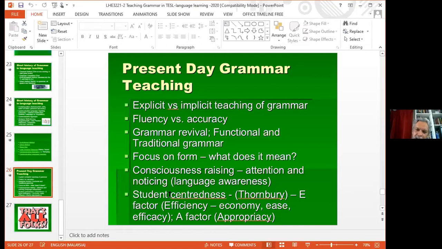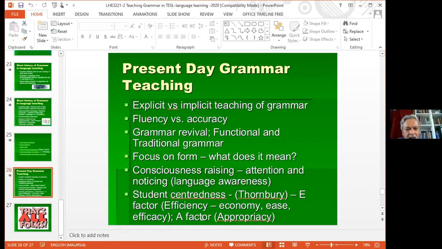Not wanting to teach it doesn't mean that we don't expose them to it, but we may not want to teach it, depending on the situation. And efficacy is helping the students to be prepared to be able to learn the grammar point. So these are things that have been emphasized in present day.